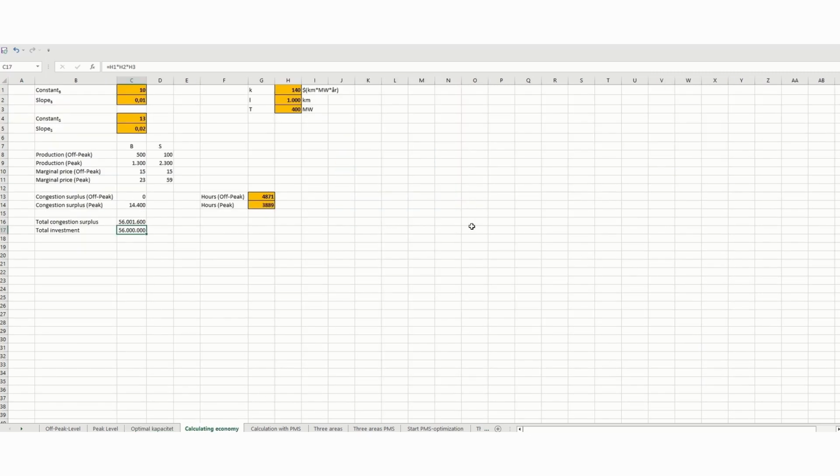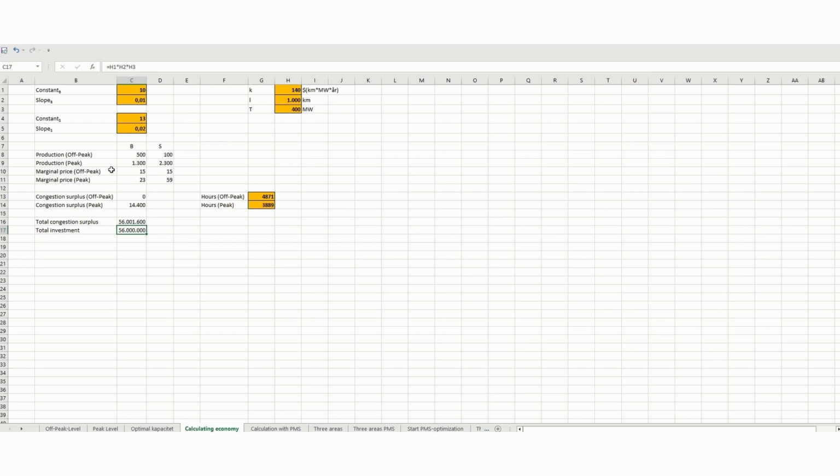When we look at the economy here, again you can see the marginal price curve in area B and in area S. You have the cost of having a transmission line of 400 megawatt. And then you can see in the off-peak period with a transmission line of 400 megawatt, production in area B was 500 megawatt, and in area S it was 100 megawatt.